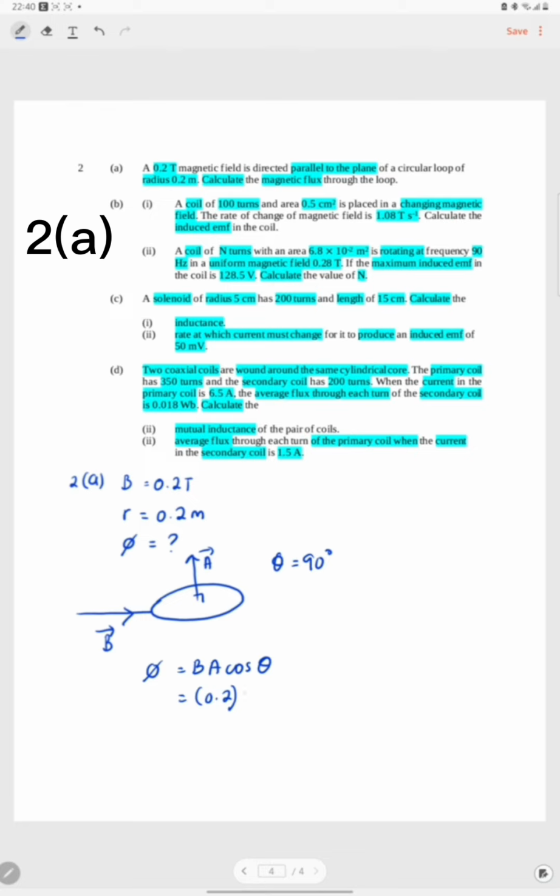For the area, since the circular loop is circle shaped, we use the formula area equals pi r squared, times cos 90 degrees. Therefore, the magnetic flux is actually 0, because B is parallel to the plane. The cos theta is cos 90 degrees.